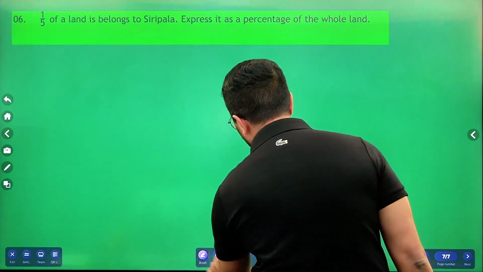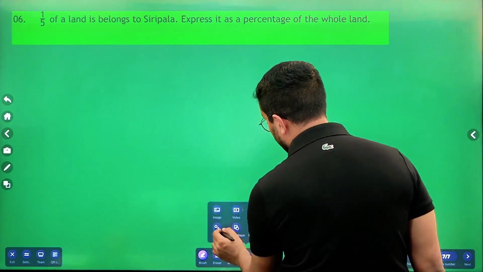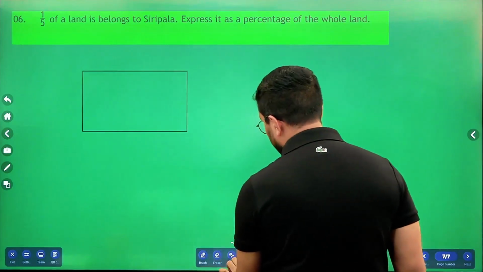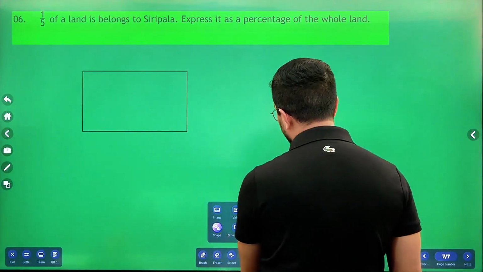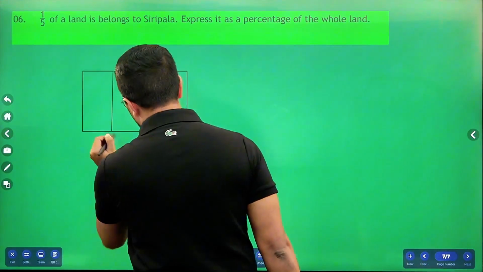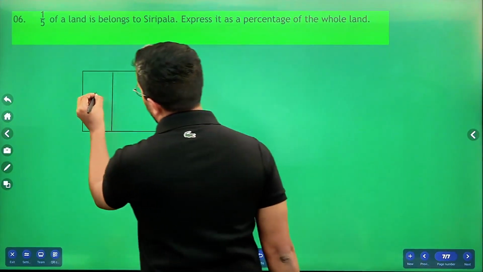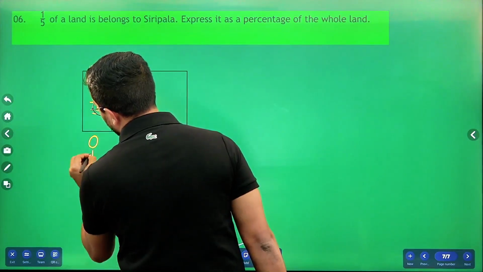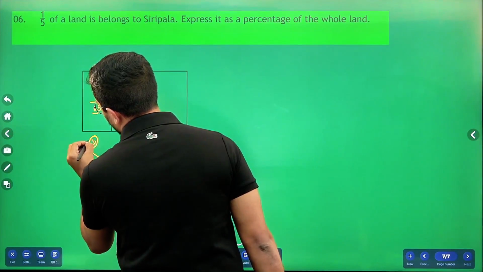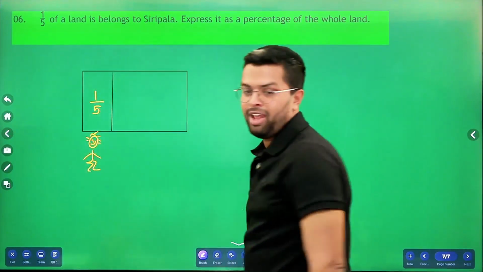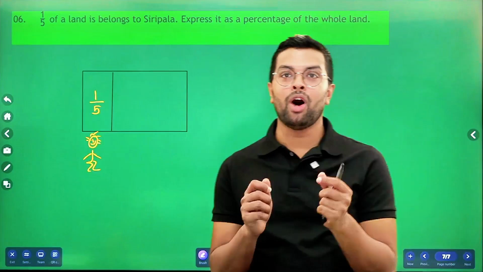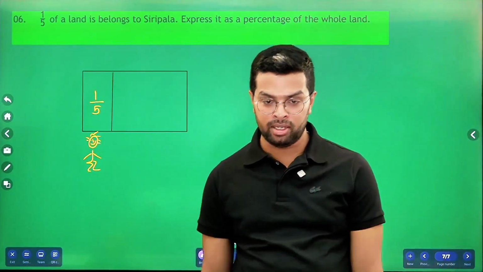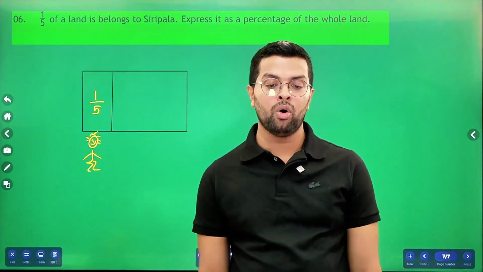So Siripala owns a land, and the amount of land he has is 1/5 of the total. So the amount of land Siripala has is 1/5 of the total amount. Express it as a percentage of the whole land.